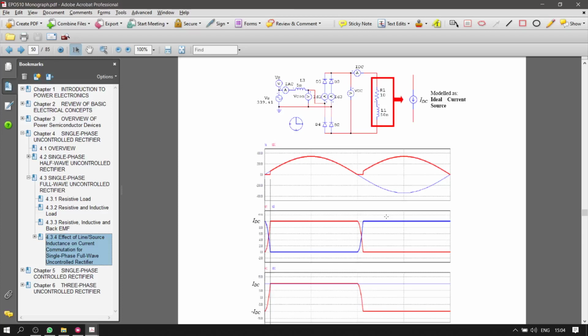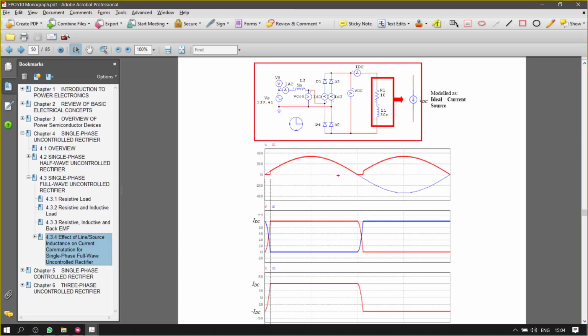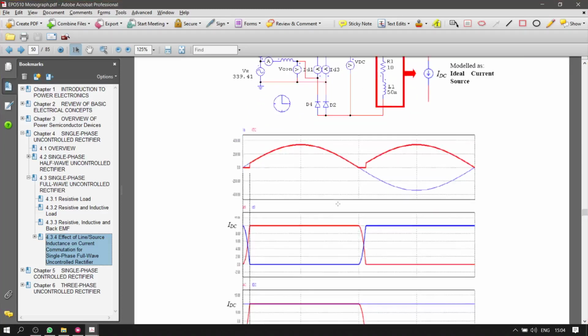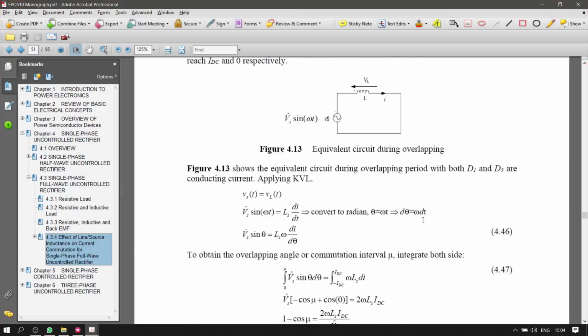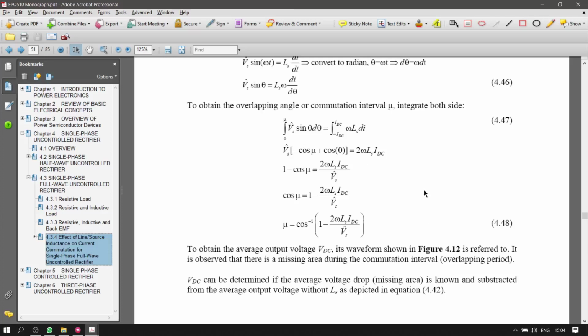You have to have proper waveforms to show the overlap, for example. You need to have the circuits to explain anything in the circuits. So make sure that you look back on that, and of course the derivations and the equations involved.